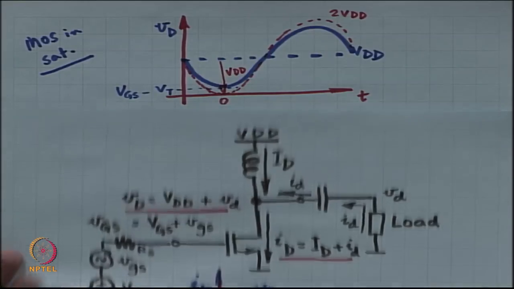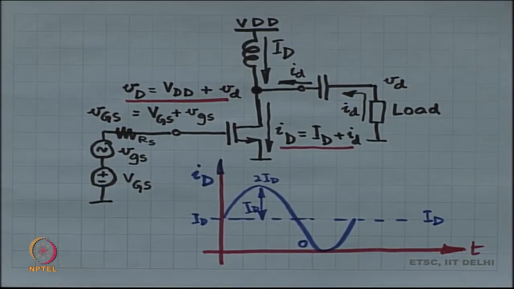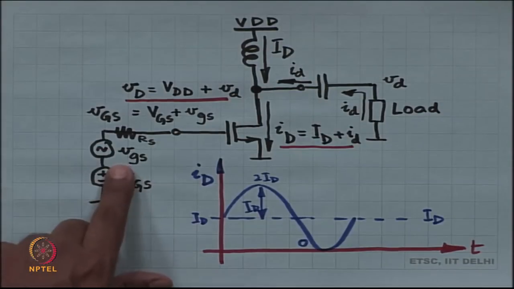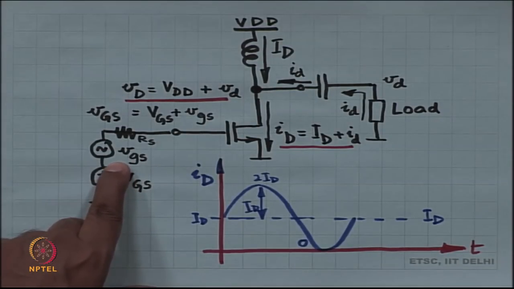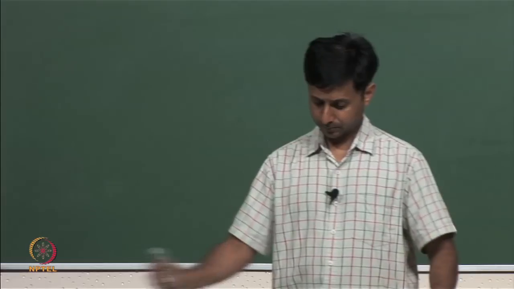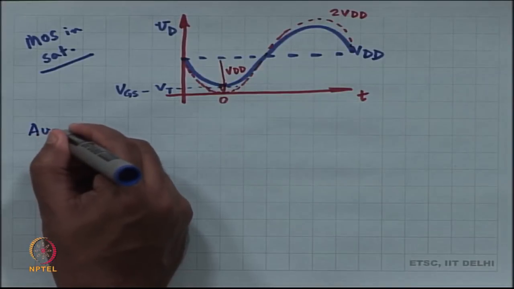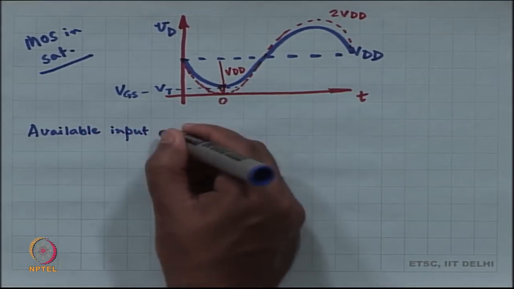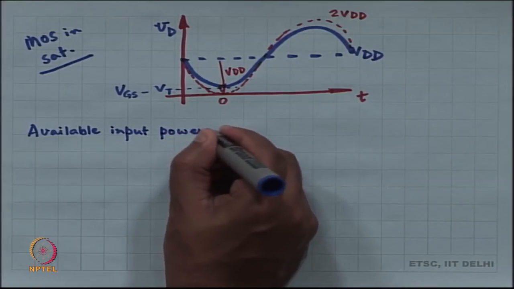Now let us look back again. Let us look at the following things. We are going to first look at what is the available power from the input source. What is it? Available power from the input source is source squared divided by 4 Rs. So, this is the maximum power that you can draw from the input source.